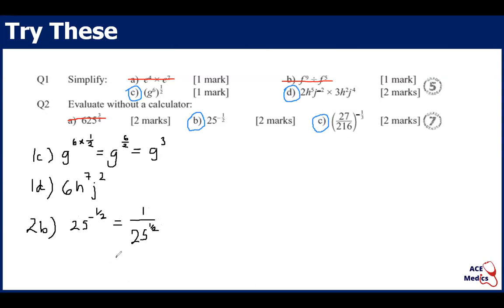Then we use our other rule, which says anything to the power of half is a square root. So the square root of 25, which is 5. So our answer is 1/5. Did everyone manage to get that? I don't want to go over it and people not understand.